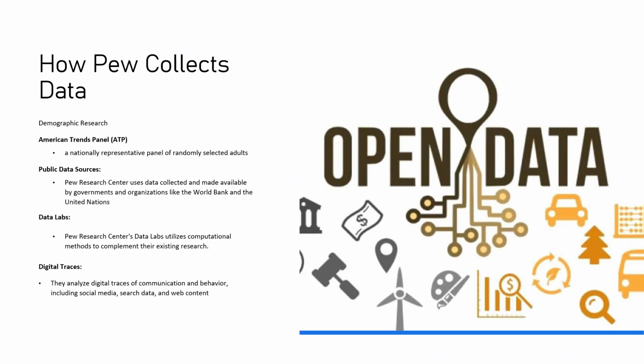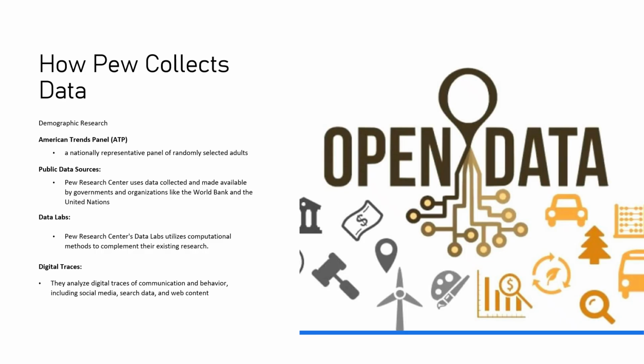In the PowerPoint on this slide, you will also see a place where you can click to find out more information in more depth, but right now we'll discuss the demographic research that Pew Research Center employs. It is a multifaceted approach, leveraging various methodologies and data sources to ensure comprehensive and accurate insights.